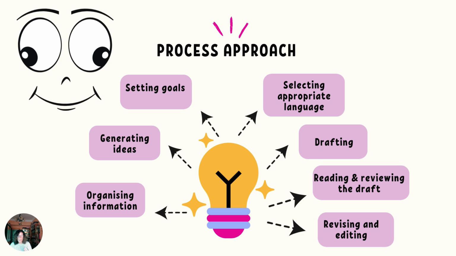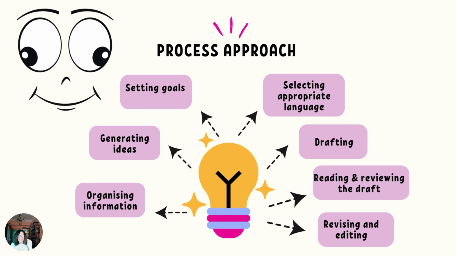And this approach really encompasses the full spectrum of writing development because it is what writers do in real life. So let's break down the typical sequence of activities in this approach.